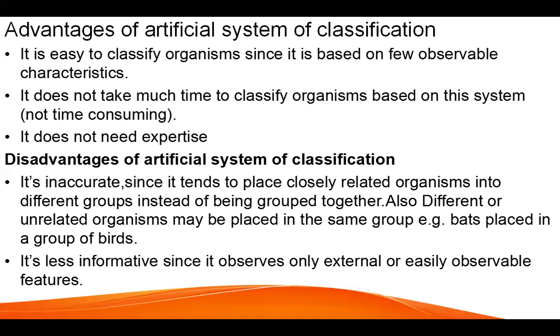The second is that it is less informative since it observes only external or easily observable features, so we can't get a clear picture or more information regarding the organism.